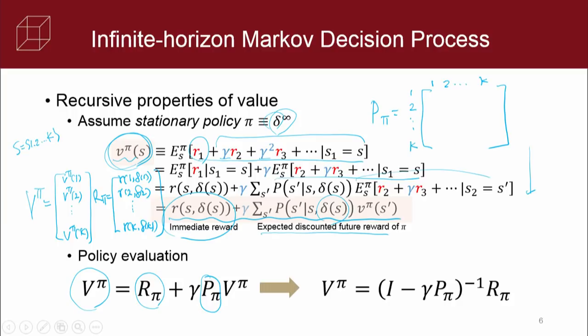This component corresponds to P of 1 given 1 and delta 1, and this part corresponds to P of the next state 2 given the current state 1 and delta 1, and so on. So you can construct this one-step transition matrix.